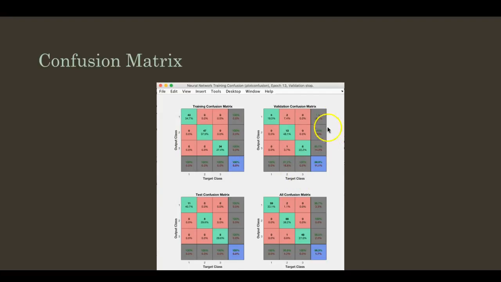In the validation stage, only about 88% was classified correctly, but in the testing stage, it classified 100% correctly. The fourth box shows an overall result of how well they were classified, and for this specific result, it classified about 98.3% correctly.